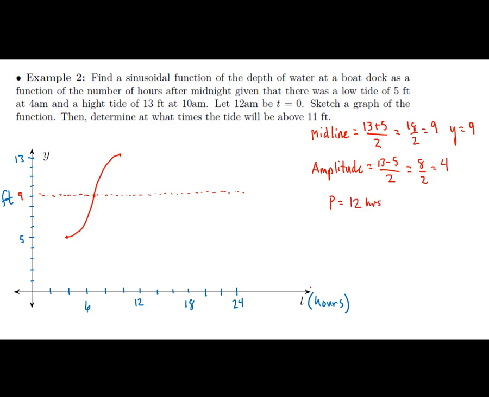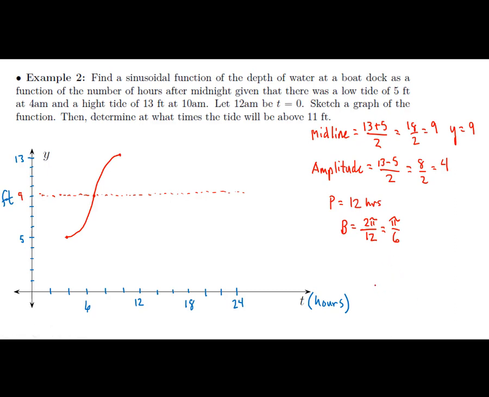And for those of you who know about tides, that's not surprising at all, is that we have a period of 12 hours because you have 2 low tides and 2 high tides in a 24-hour period. So if our period is 12 hours, let's keep in mind what we're trying to do. We're trying to make an equation, and so recall that the b value in your sinusoidal function is going to be 2 pi divided by your period, which of course simplifies to pi over 6.